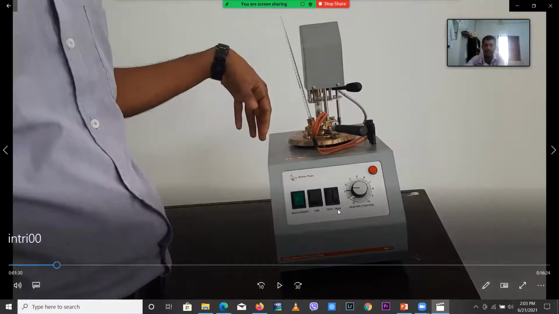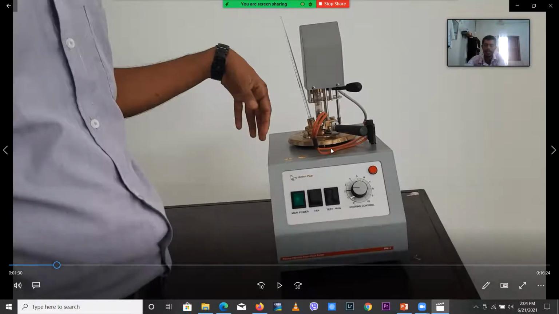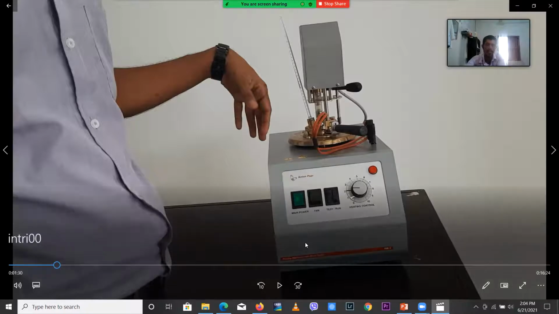Now you can see, if we turn on the motor switch to run, the motor will run and the stirrer will rotate, mixing the sample, right? The other switch is the test button.